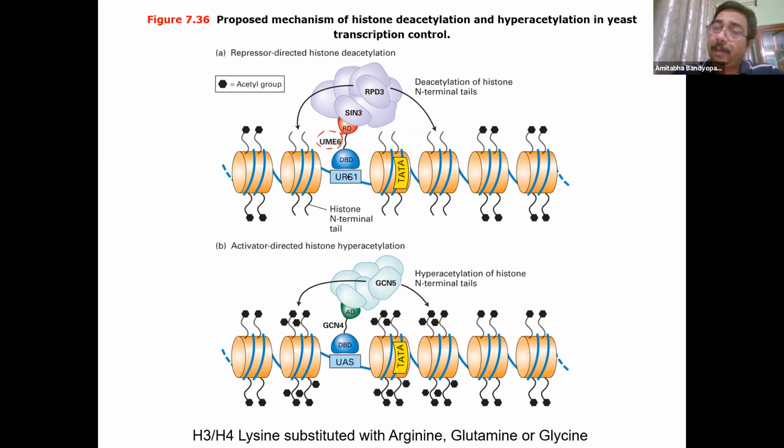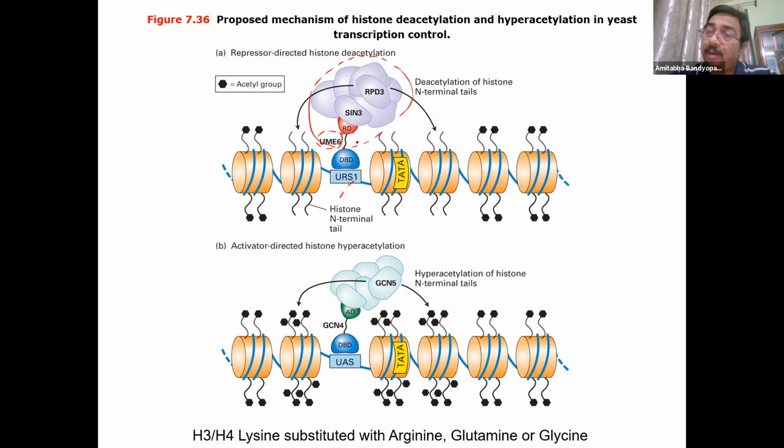UME6 has a DNA binding domain, and it binds to a specific upstream regulatory sequence, which is a little bit away from the TATA box. And to that, UME6 can bind, and its repressor domain in turn can interact with a mediator-like complex containing RPD3 and SIN3, etc. And this RPD3 is a deacetylase, and it imposes repression.